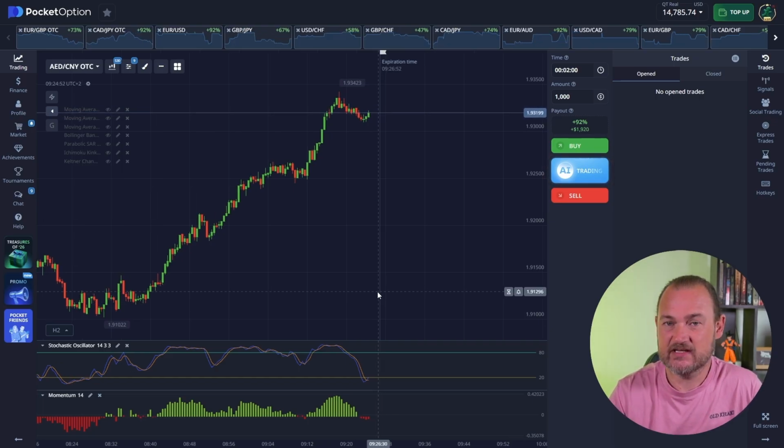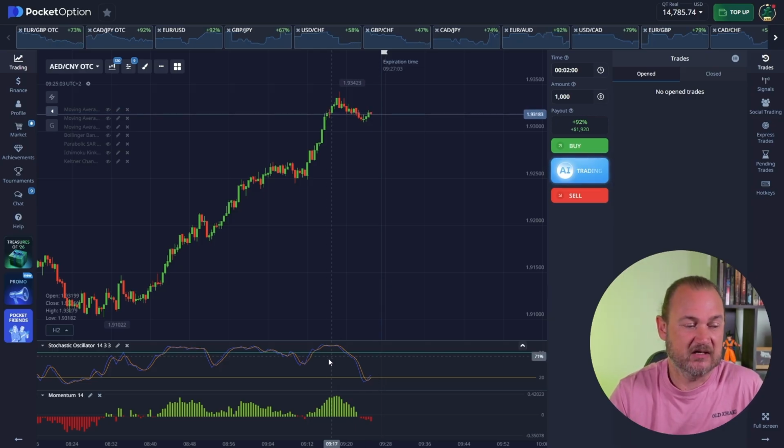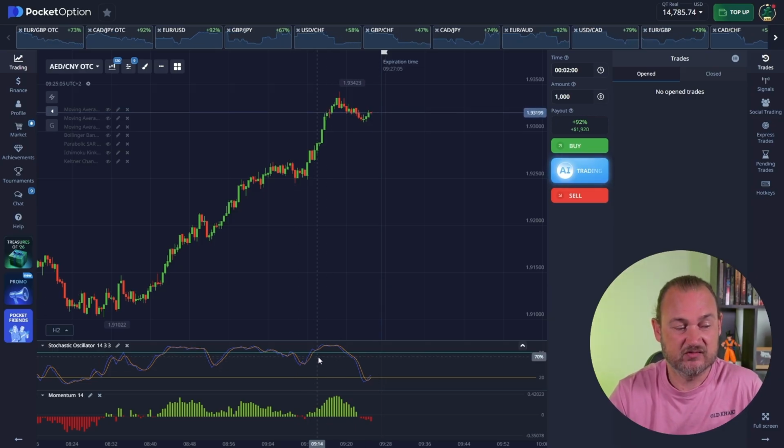It was designed as a continuation indicator. The people who built it meant it to show where the price might continue its current move, and when the stochastic moves into the overbought zone, that tends to signal that price is going to continue its way upwards.